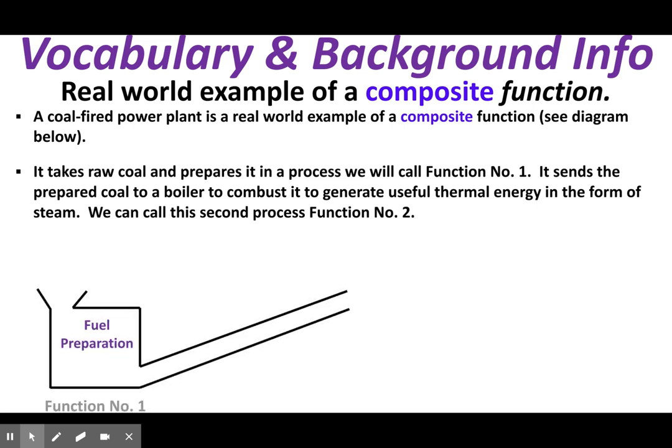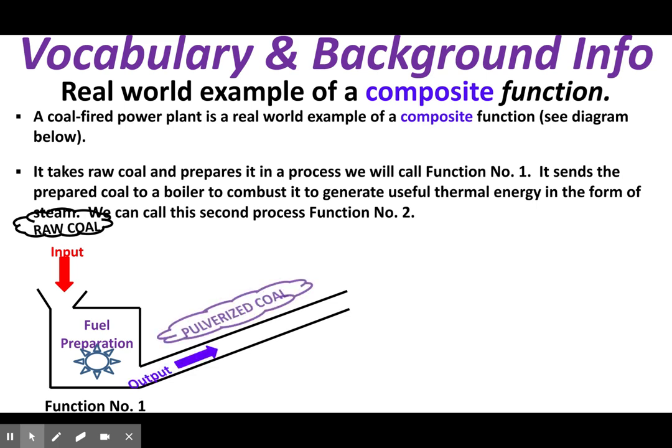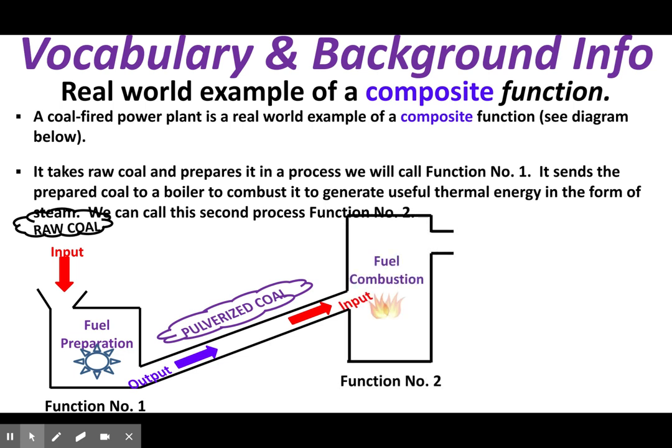So here's our first function machine, function number 1, called fuel preparation. Raw coal is the raw material that is the input to that function machine. That function machine changes the raw coal into pulverized coal, and that output of the first function becomes an input to the second function, fuel combustion. The pulverized coal is put under heat, and that heat creates an output of steam.